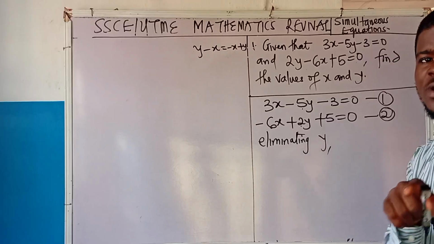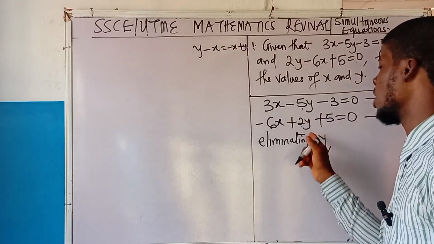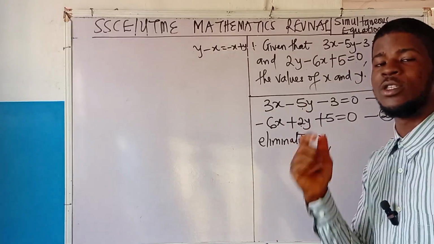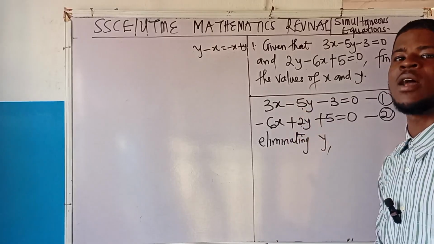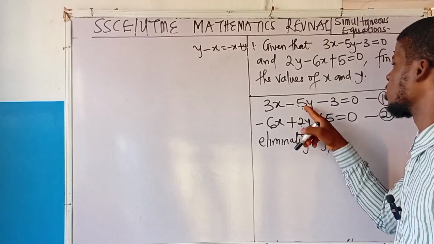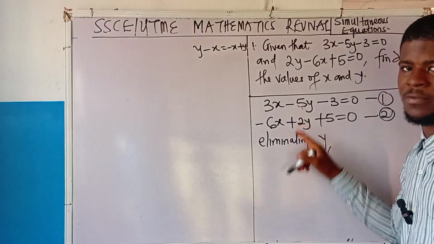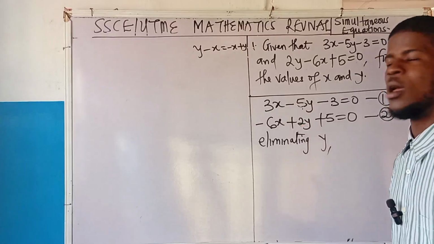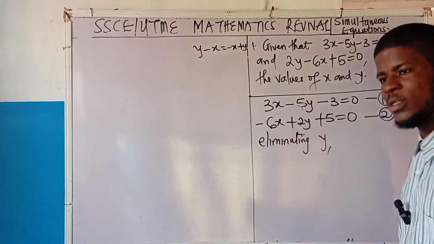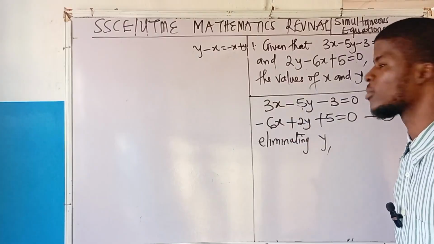Before I can successfully eliminate either x or y, the two coefficients must be the same. Before I can eliminate y, either the two numbers become 5, or the two of them become 2, or the two of them become something else but the same value.